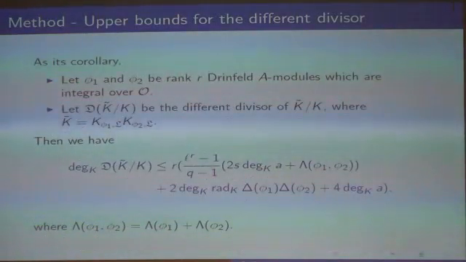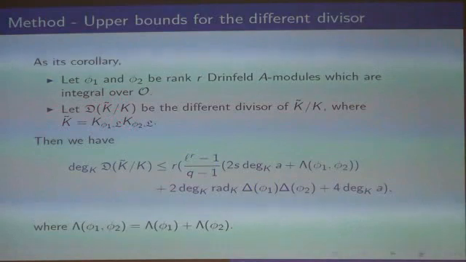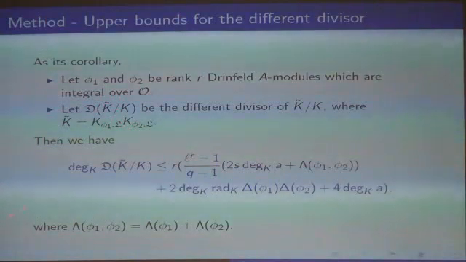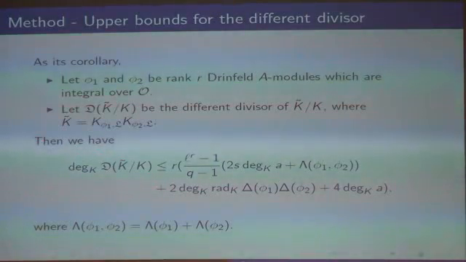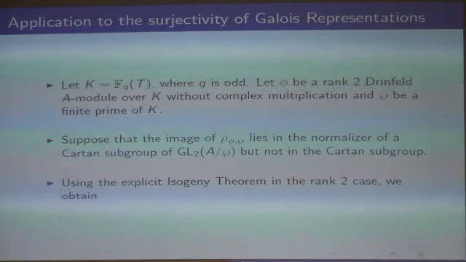As a corollary, you can also get the result for two Drinfeld modules, and k tilde for two torsion points, where you take the composite. So I wrote it as k tilde. You can also get the degree of this different divisor for k tilde, a similar degree. But we had to use this for the final version.